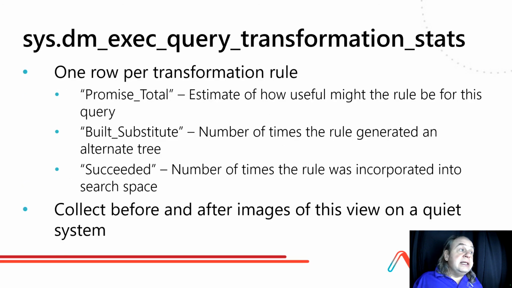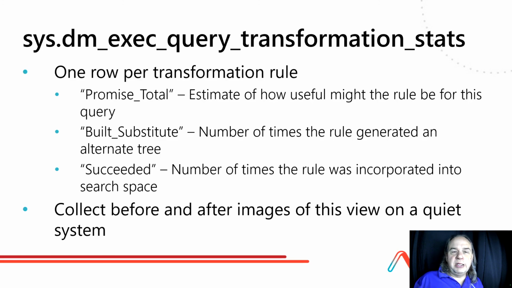The second DMV to look at here is called exec query transformation stats. This is going to give us 1 row per transformation rule. So it has all of the transformation rules listed out, 1 per row. Now the transformation rule names are a little bit coded.